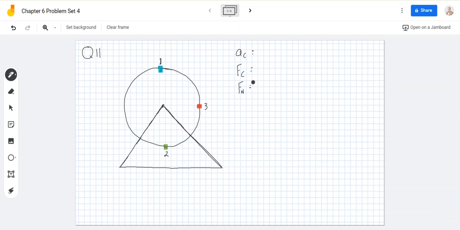Well, I think that to start, we should draw some force diagrams for these. So let's draw the force diagram for the guy at the top. Well, I know he's got some weight there. Okay, we'll call that one mg. In fact, what's interesting about this is, regardless of where they are, they all have the same mg.